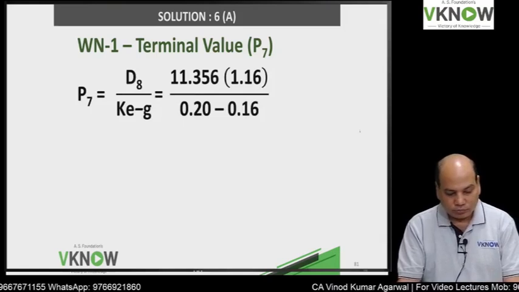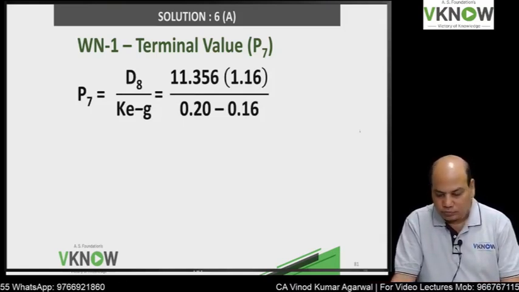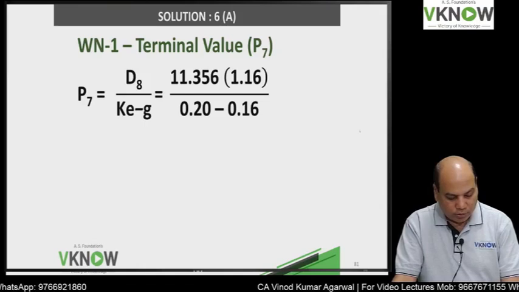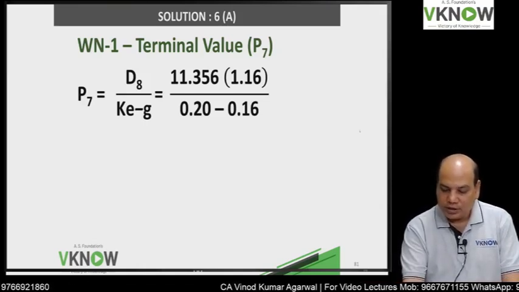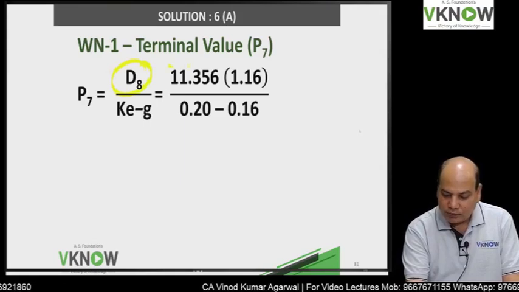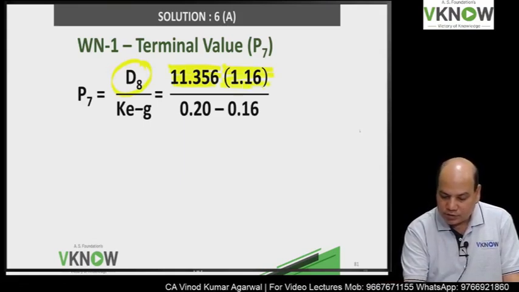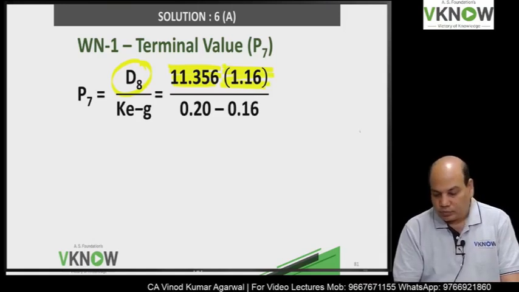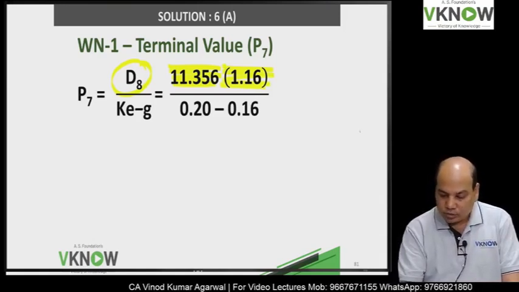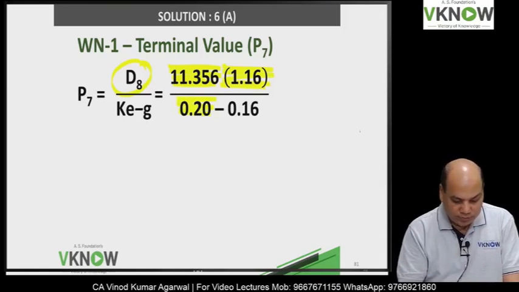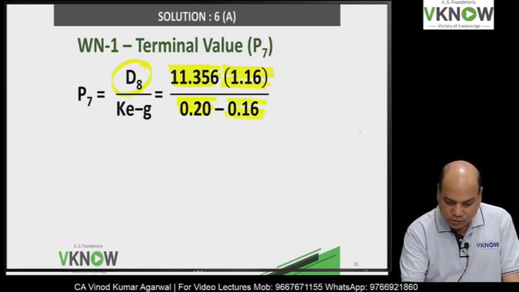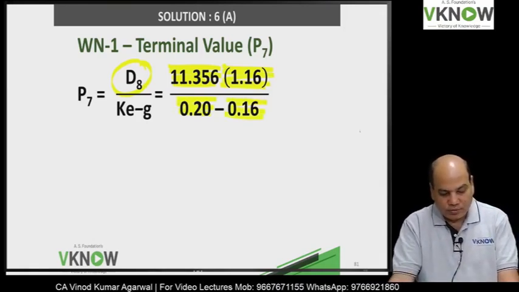P7 is equal to D8 upon KE minus G. Dividend of the 8th year will be dividend of the 7th year into 1.16, 16% growth, divided by cost of equity, which is given in the problem as 20%, and the growth rate is given as 16%.